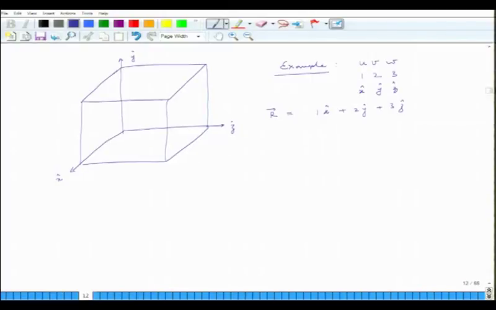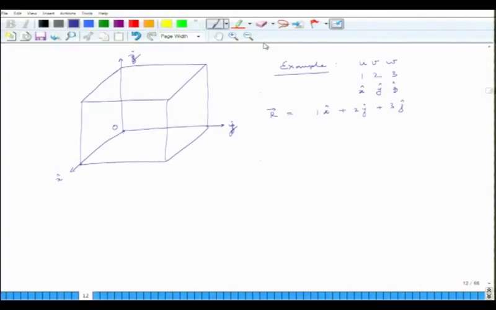The problem is, if you want to draw in this fashion, this is the origin, let us say O, you will go 1 here, then you will have to go 2 steps along Y, and then 3 steps along Z: 1, 2, 3.